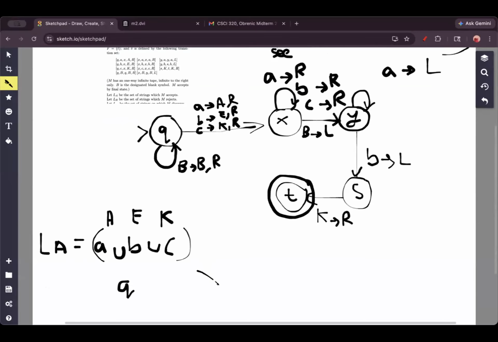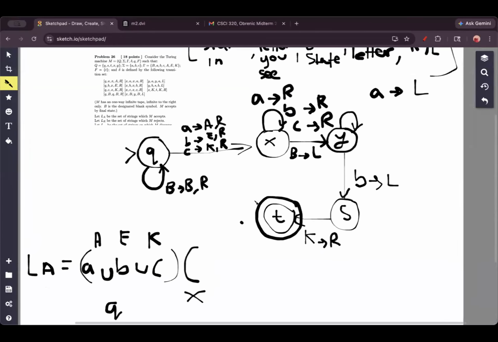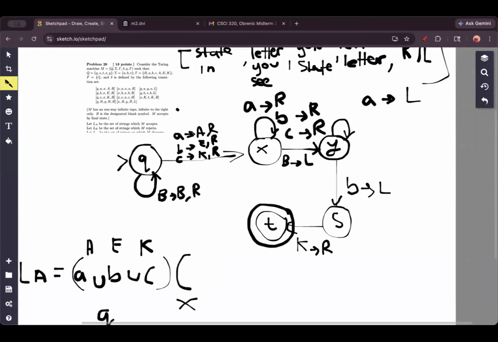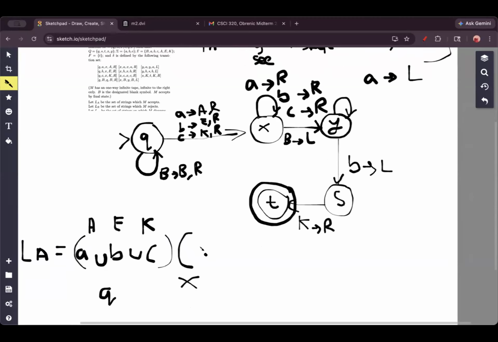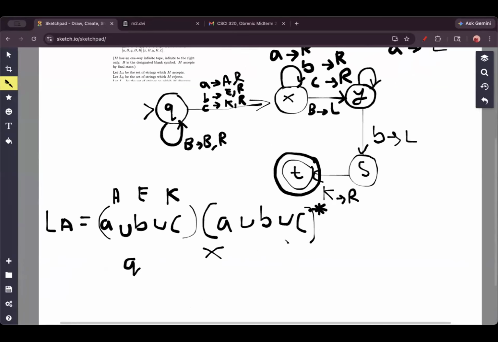Now we're in X, and this is my X over here. In X, I could see A, B, or C and loop. So I could see A or B or C, and then I star it all to indicate that it's looping.